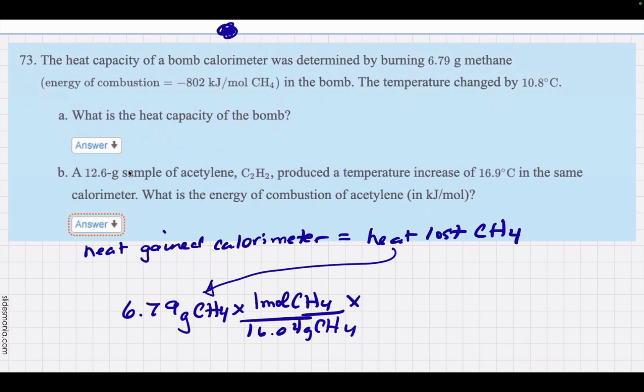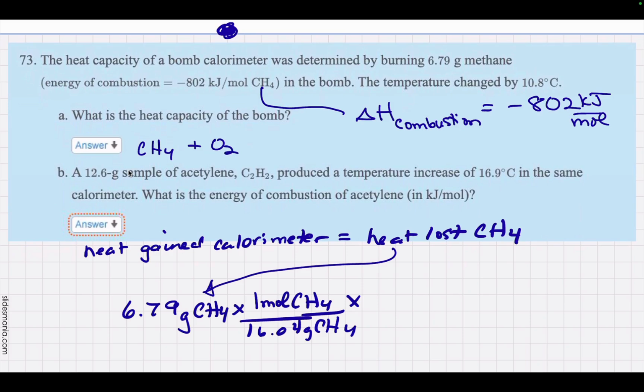And then in the question, they're telling us that the enthalpy of combustion of methane is negative 802 kilojoules per mole. So really, methane plus oxygen, combustion, and then we would, in that process, release 802 kilojoules for every 1 mole of methane.